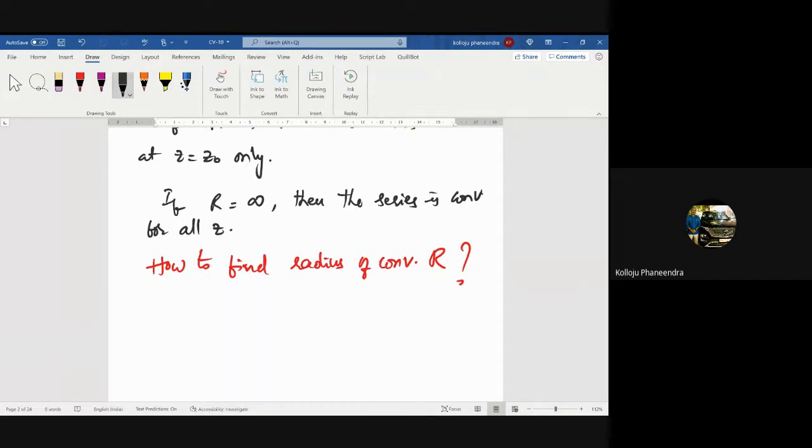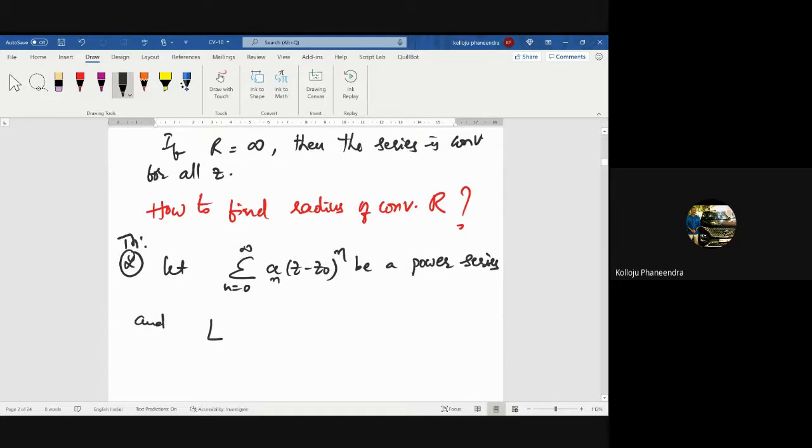And there is one theorem, but the statement is enough. The theorem statement is: let summation n equal to 0 to infinity an into (z minus z0) whole power n be a power series, and L equal to limit n tends to infinity of modulus an plus 1 by an.